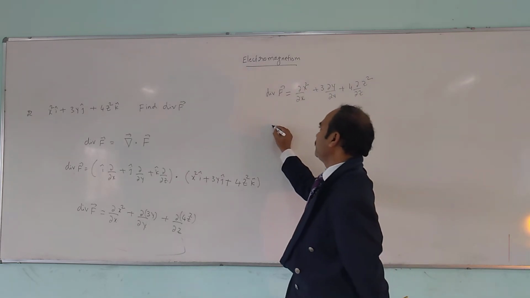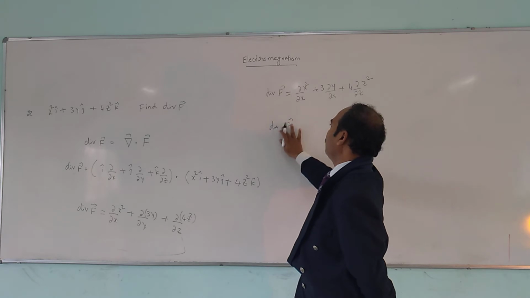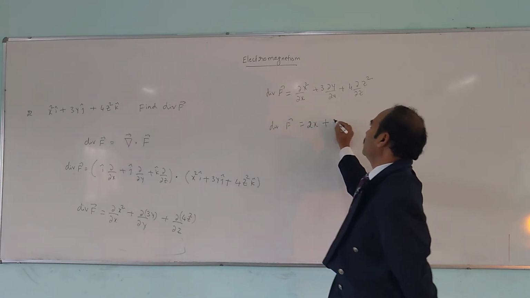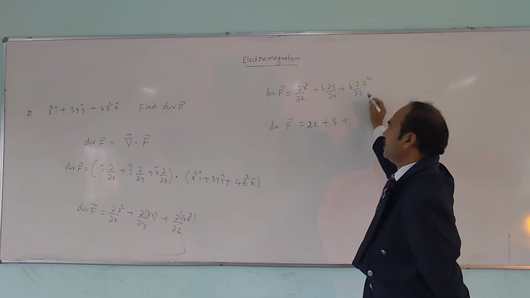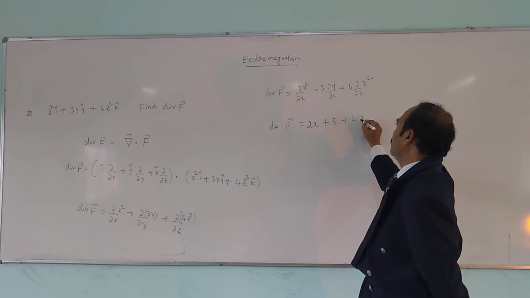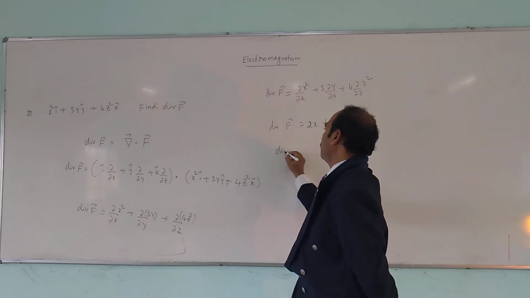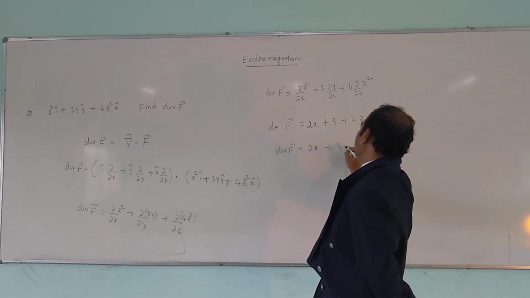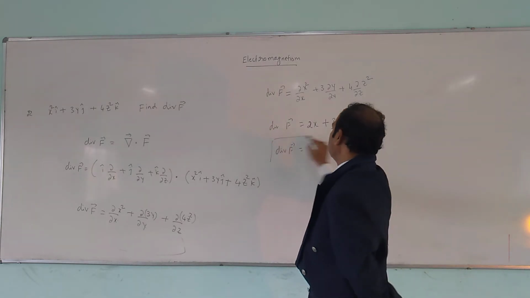Now the last step: div f is equal to 2x plus 3 plus 4 into 2z, so 4 into 2 into z. So divergence of f is equal to 2x plus 3 plus 8z. This is the final answer.